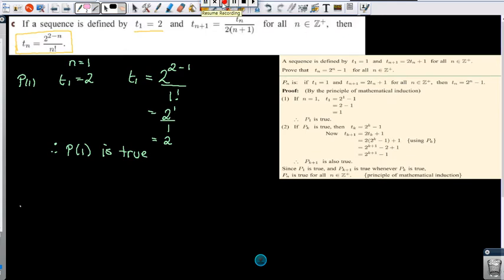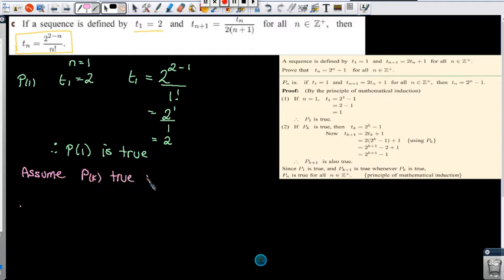What comes next after we say P1 is true? All right, we do that whole, let's assume, or let PK be true. So that's what we say here. So we're going to say, assume or let PK be true.